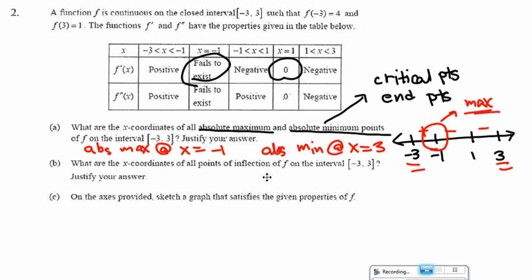Now, points of inflection are where concavity changes. We see concavity is positive, positive, but here positive, negative. You see the change of concavity.